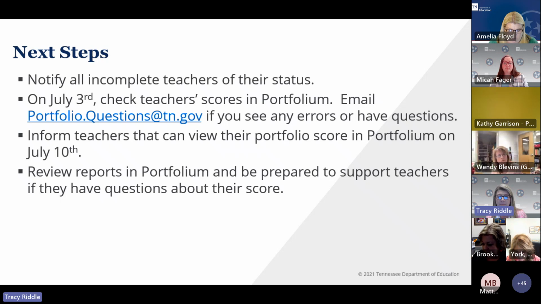On July the 3rd, you'll notice you all receive the teacher scores a week before they do. This gives you a week to check your scores, see if there are any errors or if you have any questions, so that you're aware of how to answer your teachers' questions before they receive the scores on July the 10th. Review those reports and be prepared to support your teachers.